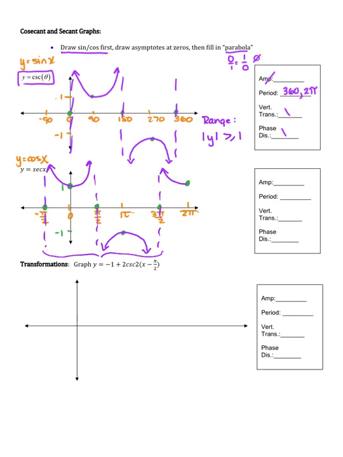Or we could write it as, let's say, negative infinity up to negative 1, and then also from 1 up to infinity. That would represent the range for both of them. The domain will switch. So the domain for the cosecant is going to be all reals except at 0 and every multiple of 180 degrees, where you'll have an asymptote.